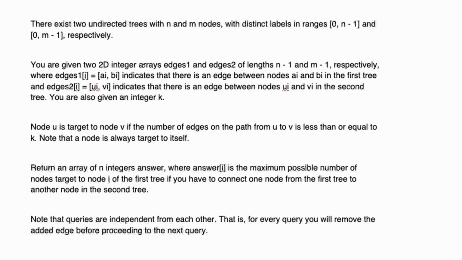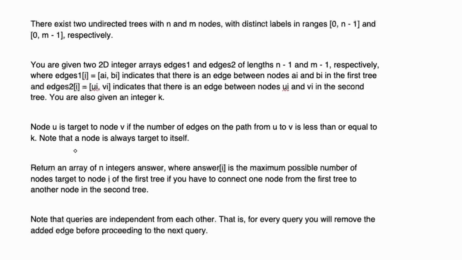So essentially an undirected edge that says that if there exists A and B, there is an edge between those, and for the second tree, there's also an edge UiVi between those two. So here's where it gets a bit confusing. Node U is target to node V if the number of edges on the path from U to V is less than or equal to an integer k.